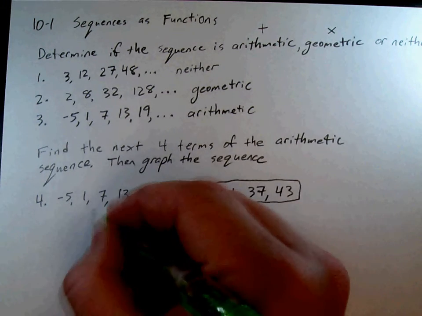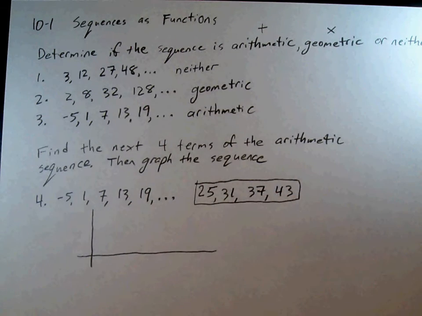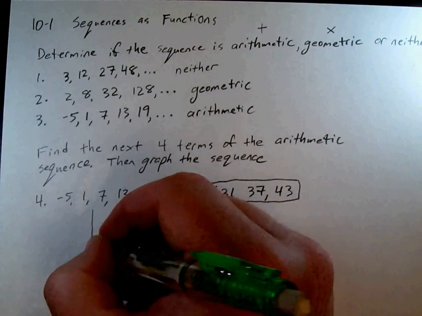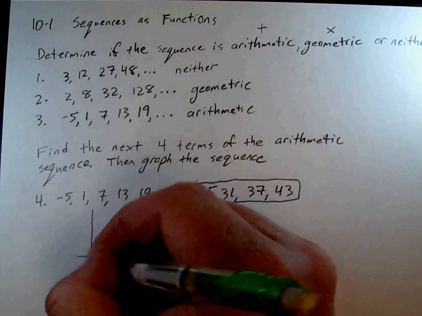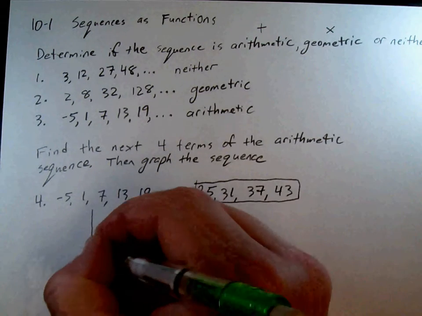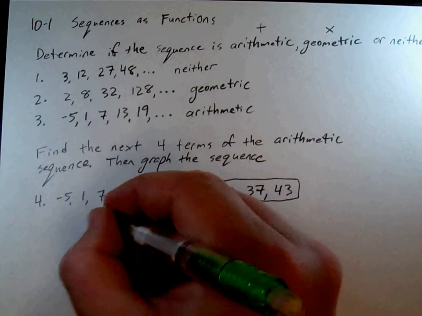To graph, what I'm going to graph is the actual term on the y-axis. So we go down to negative 5 even. Maybe I'll go by 5s here: 5, 10, 15, 20.